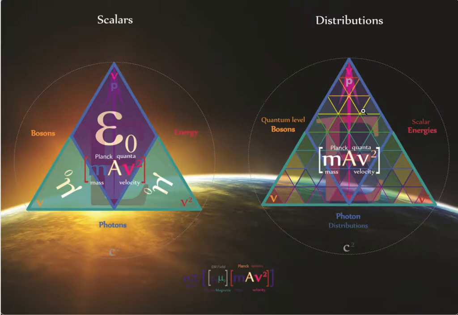And again, on the right hand side we can see how these equilateral energy quanta come together within any measured energy field or mass energy field. They come together through quantum level bosons adding together.